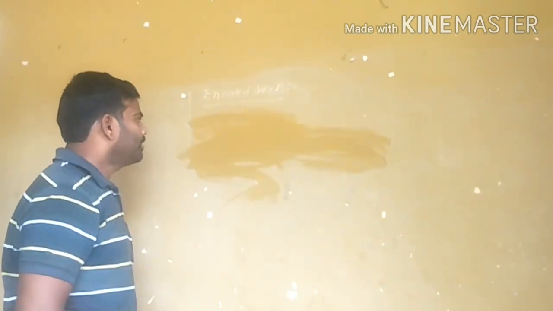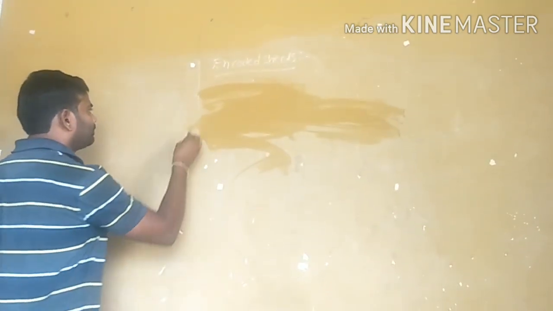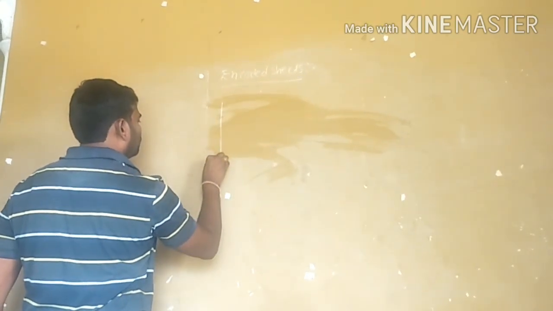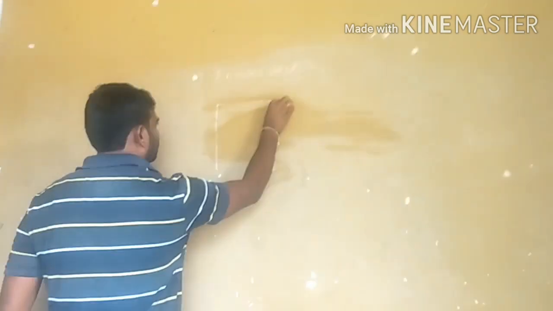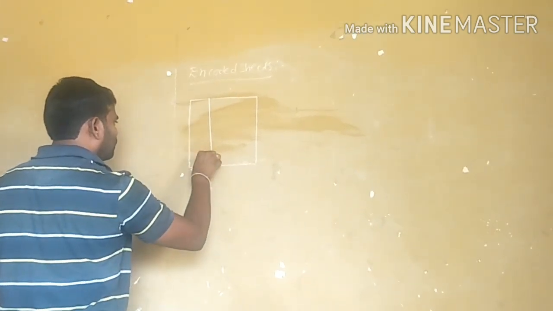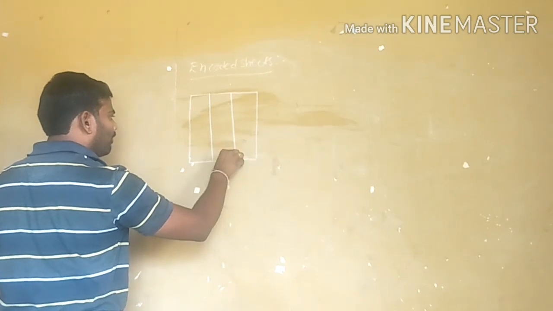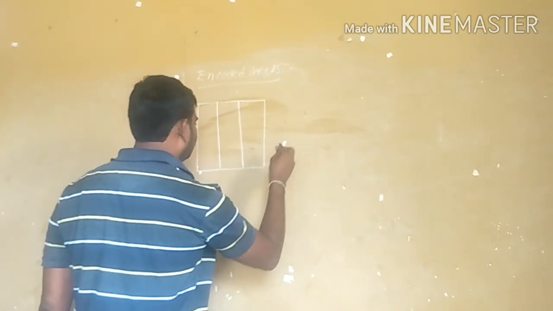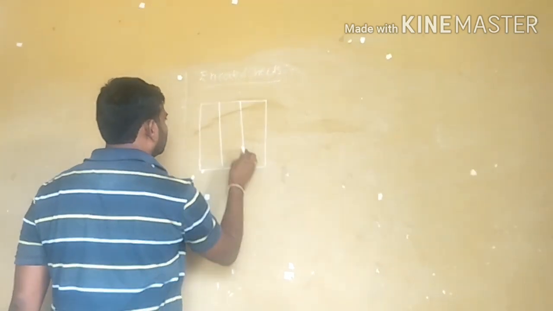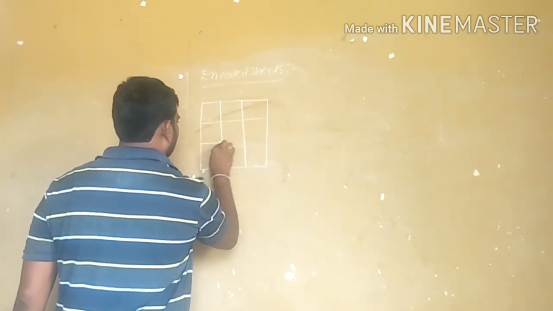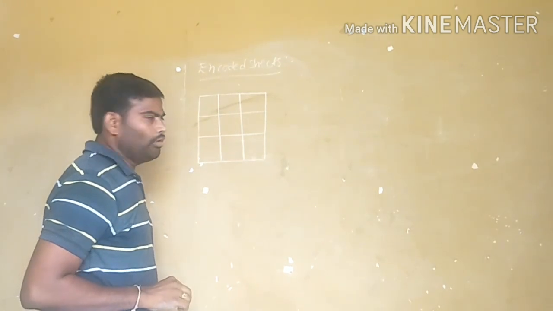And we are taking the three sheets, the one sheet of size 3 into 3 centimeters converting into 9 squares like this. One sheet is converting into 9 squares.